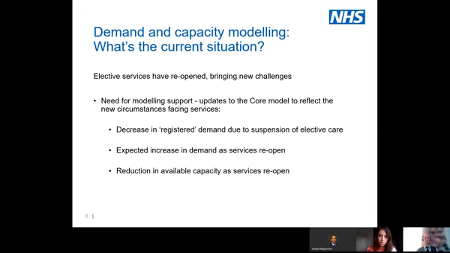Some services, you might see a reduction of available capacity. So this whole model around outpatients, where you have a lot of patients waiting in an area to be seen in various numbers of clinics, isn't possible right now due to social distancing. So the question is, how do you manage your patient flow and how does it affect your available capacity?